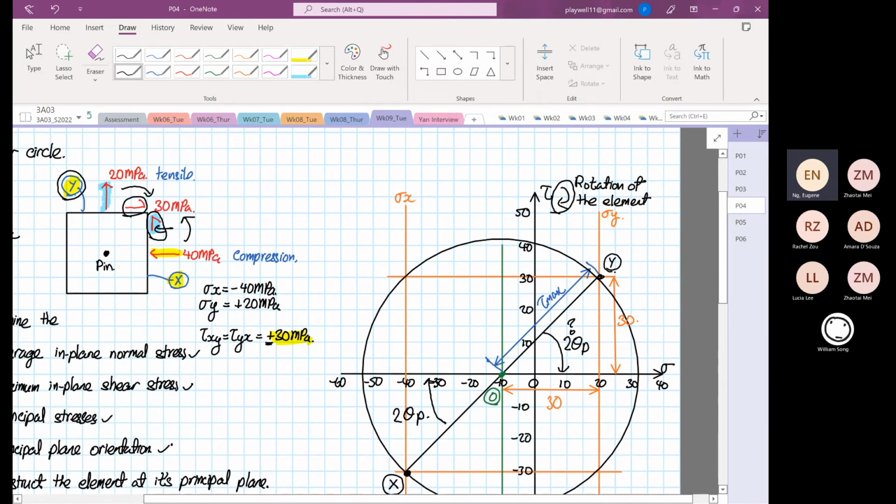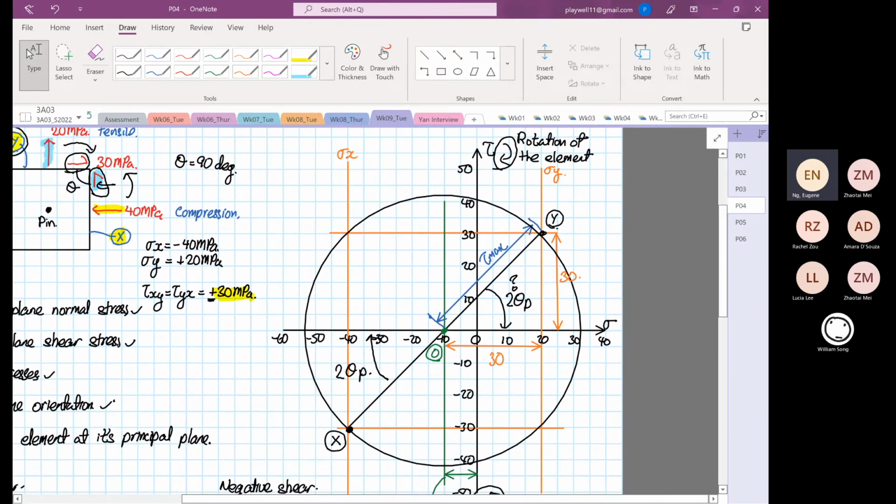From point X to point Y surface, I will call this angle theta. And that angle theta is equal to 90 degrees. Okay. So this is on the element.